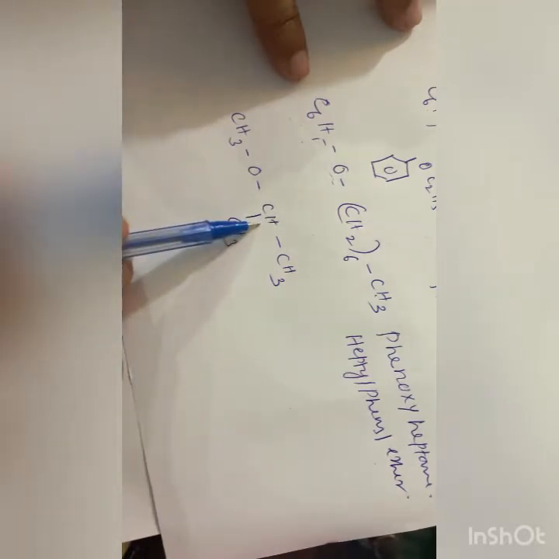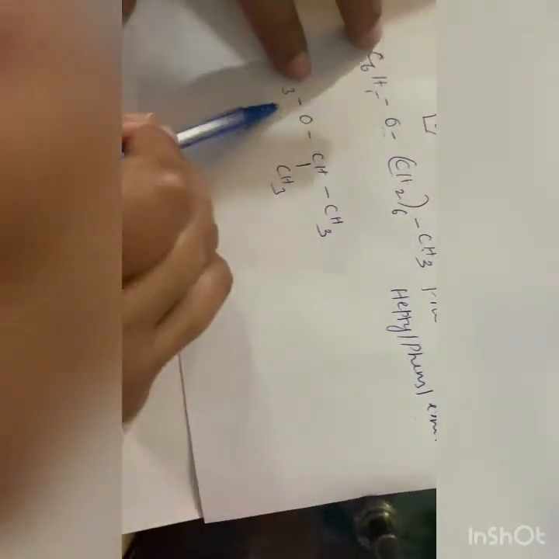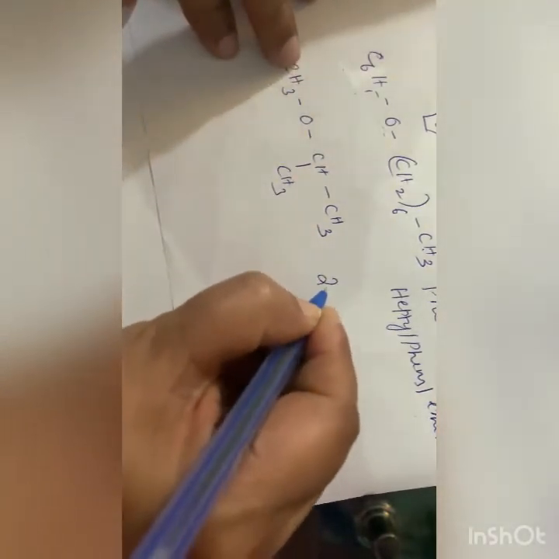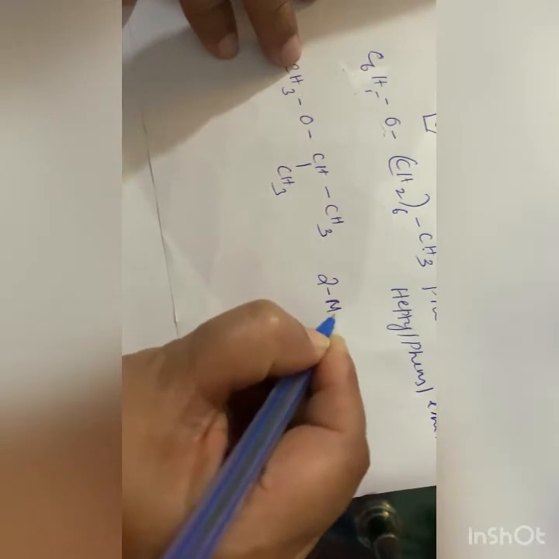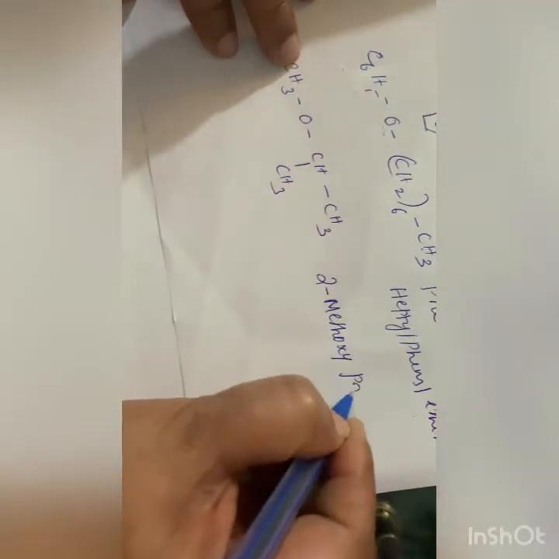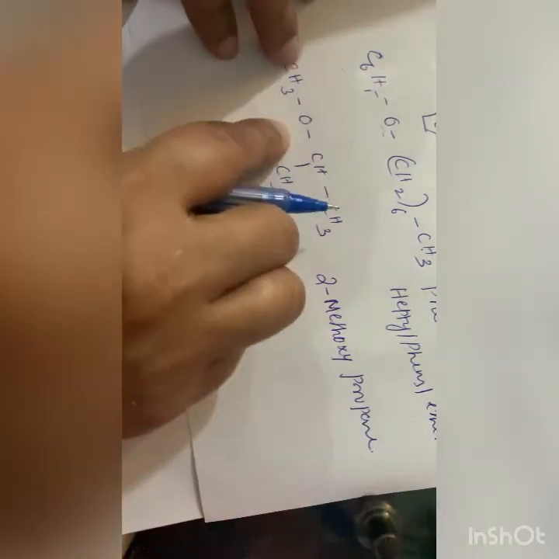Here the methoxy is attached on second carbon. So we have to write 2-methoxy propane, second carbon methoxy attached, propane.